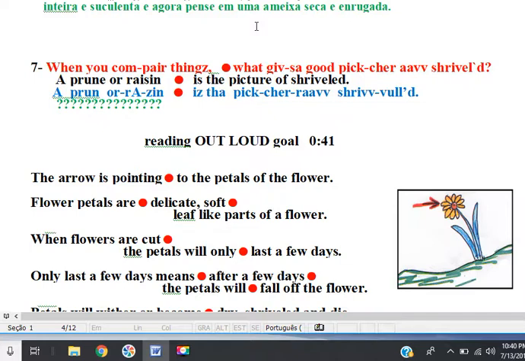Question: when you compare things, what gives a good picture of shriveled? A prune or a raisin is the picture of shriveled.